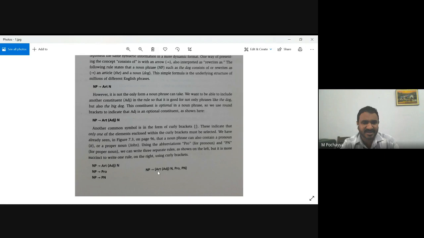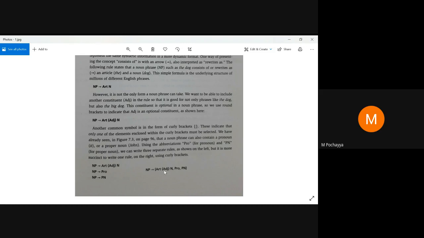That is, the noun phrase may be article plus adjective plus noun as a group. That may be a noun phrase, or a pronoun may be a noun phrase, and a proper noun may be a noun phrase. That's why they kept them in a set.